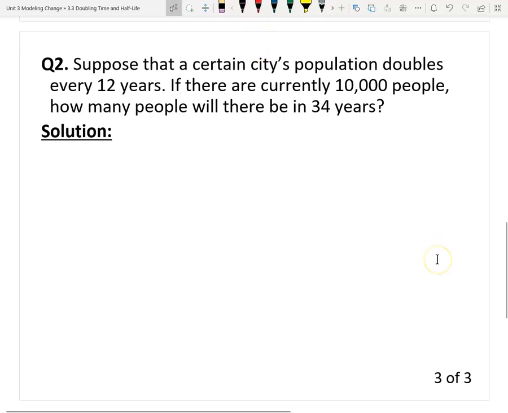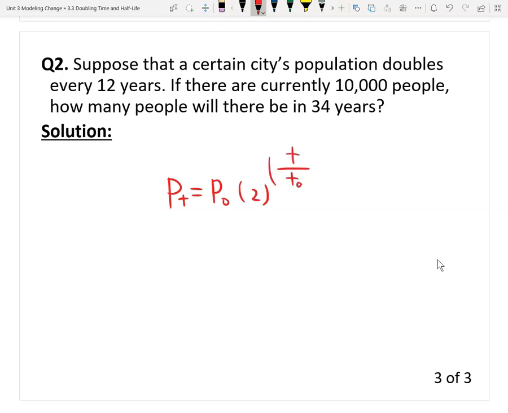Therefore, we have to use the future value formula. Let me copy the formula first, which is Pt, the future value, equals initial value times 2 raised to the power of t over TD. That's the formula we need.